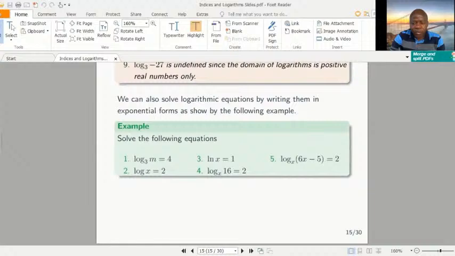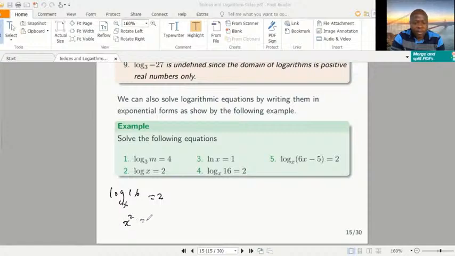Question 4 is: find x if the log of 16 to base x is 2. Let me just write what the question is saying. Find x if the log of 16 to base x is 2. Just write this in index form.